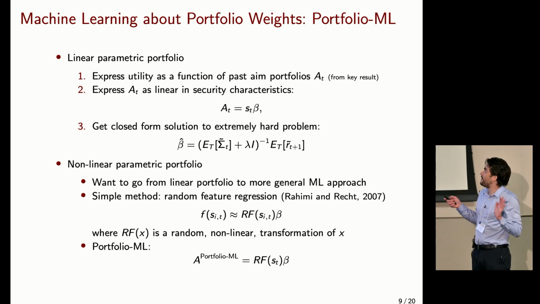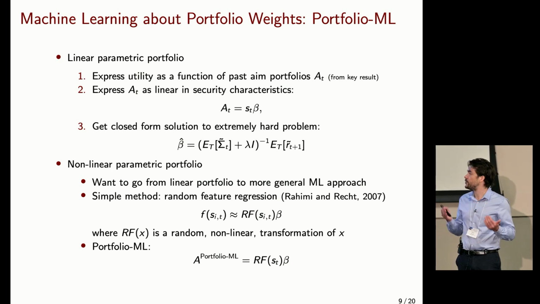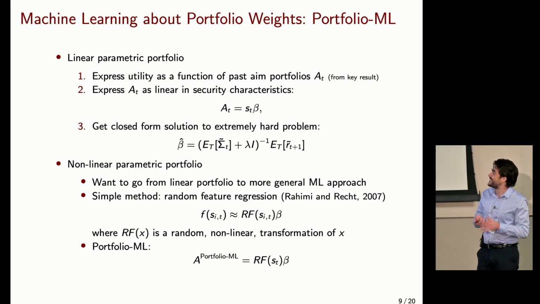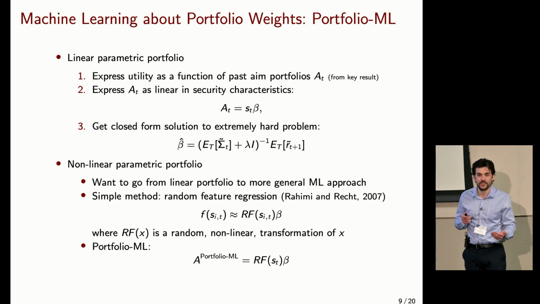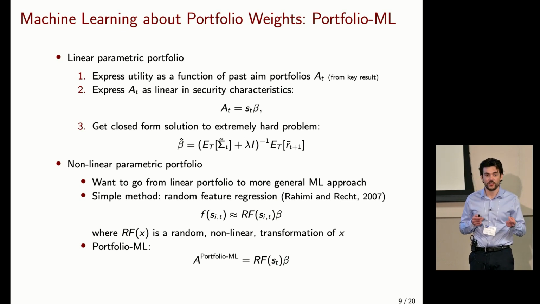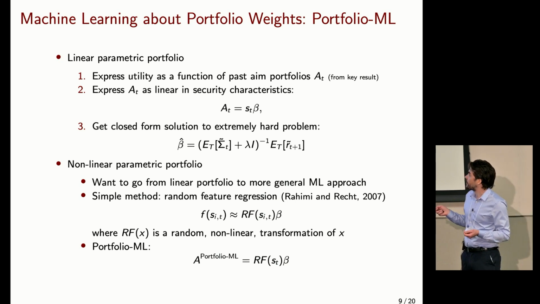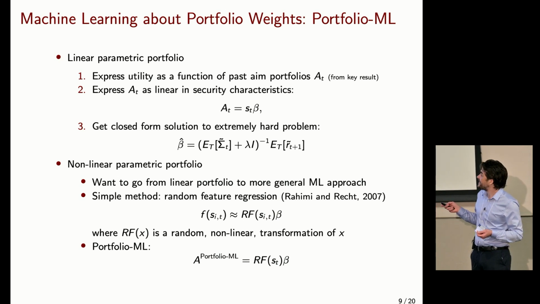Now, what we have here is a portfolio that's linear in security characteristics, but we would optimally want to have a more general solution that would also capture nonlinearities. Now, what we're going to use is a simple method called random feature regression. That was exactly what Bryan was talking about earlier. It shows that you can approximate any function by taking a random nonlinear transformation of the original characteristics and then making the function linear in these transformed characteristics.